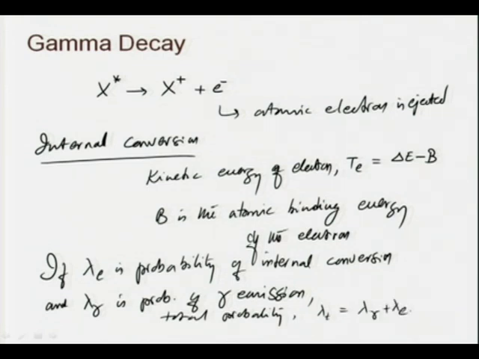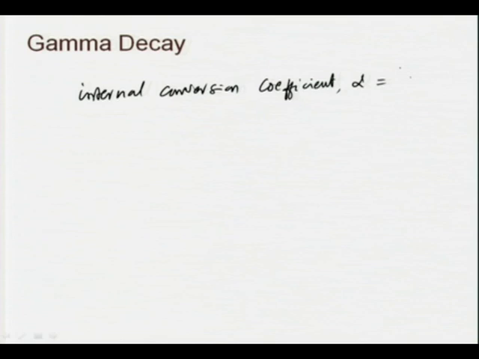So, this is always there. There will be a small probability for such internal conversion, which is always possible. In fact, one can define the internal conversion coefficient, which basically gives you the relative strength between the probability for internal conversion, emission of an electron, and the probability for gamma ray emission.